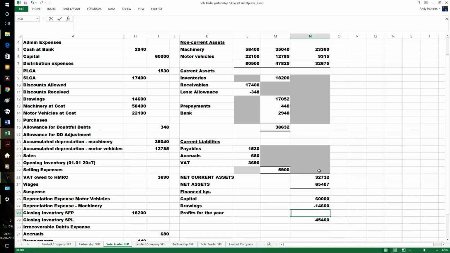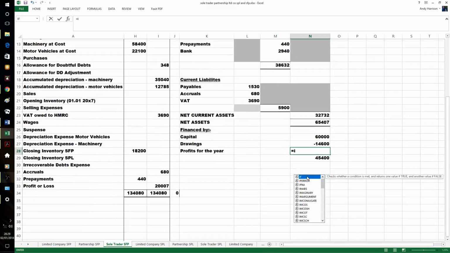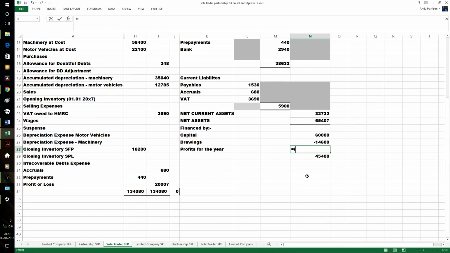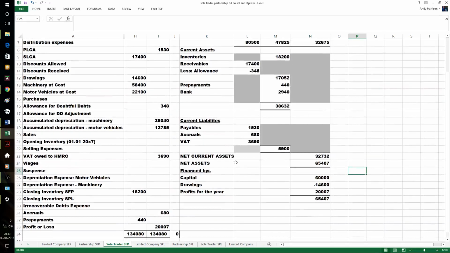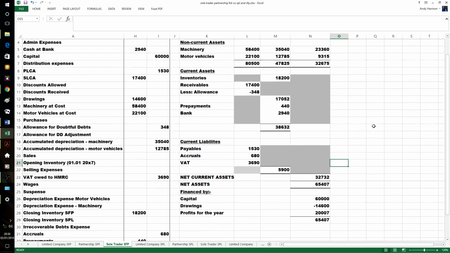And then profits for the year is our profit in the credit figure, and that now balances off to the net assets. So we've balanced off, and we've got the useful information in terms of net current assets, working capital and net assets that some formats don't have.